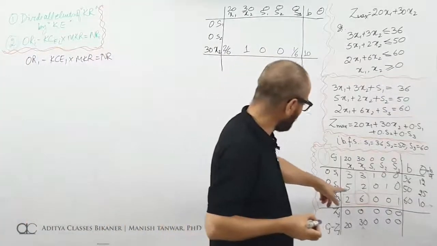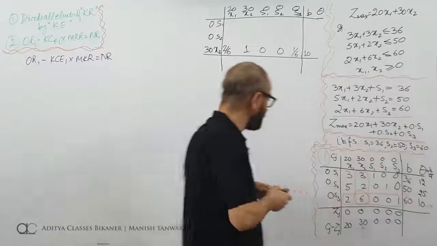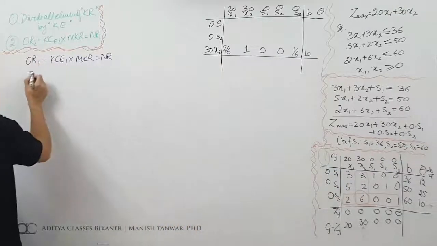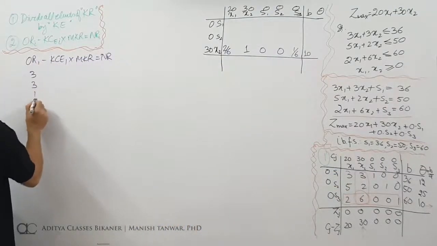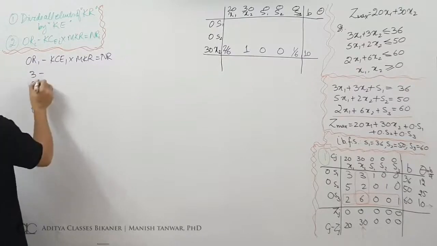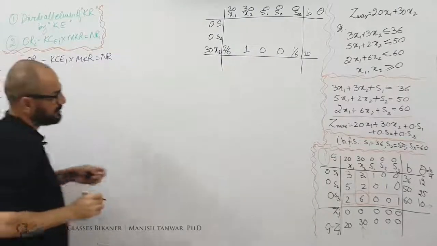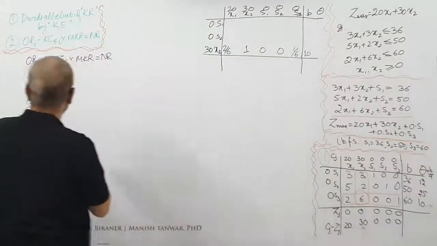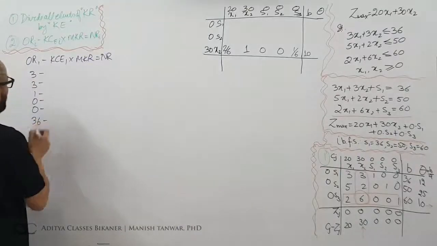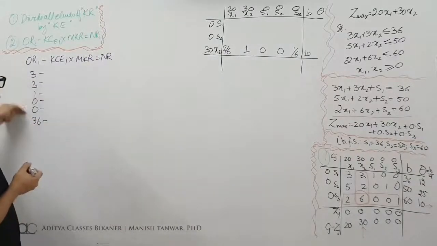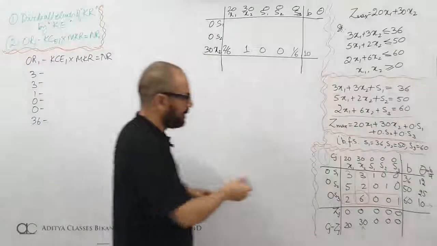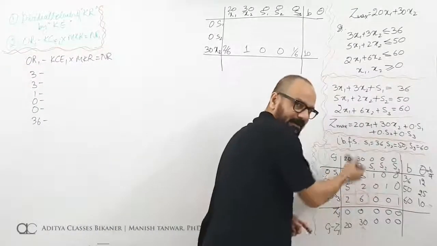So what do we have over here? 3, 3, 1, 0, 0 and 36. Old row 1 minus key column element 1. This is my complete key column.